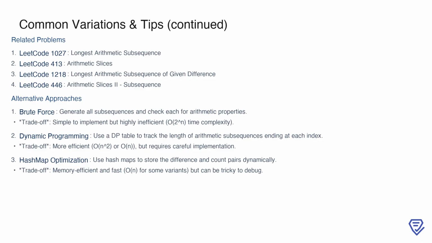This is significantly more efficient, with time complexities around O(n squared), or even O(n) for certain variations, though it does require careful implementation. For even greater efficiency, you can use a hash map to dynamically store differences and their counts. This approach can achieve linear runtime for some variants, making it both memory efficient and fast, though debugging it can sometimes be challenging. Understanding these trade-offs will help you choose the best approach for a given problem.